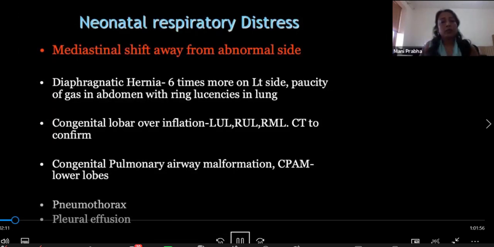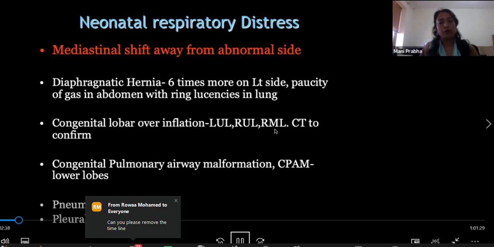So neonatal respiratory distress with mediastinal shift away from the abnormal side. We have already discussed these conditions. Congenital diaphragmatic hernia is 6 times more common on the left side, with paucity of gas in the abdomen, ring lucencies, etc. And congenital lobar overinflation, and the lobes involved are left upper lobe and right middle lobe.